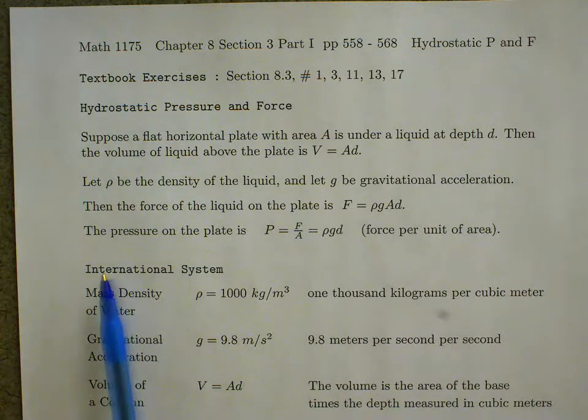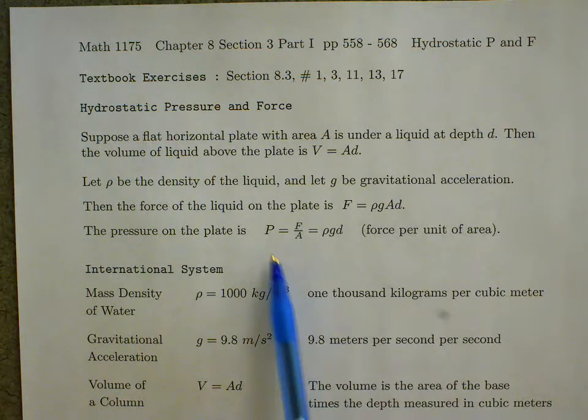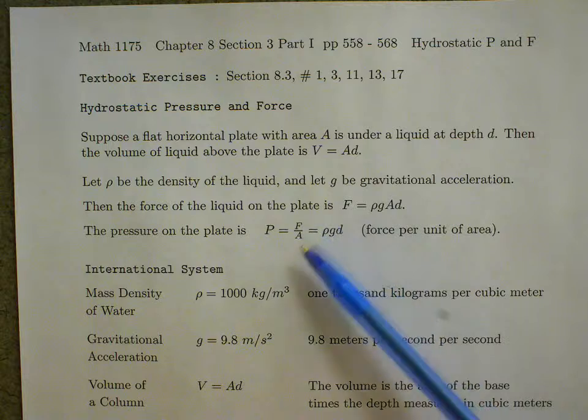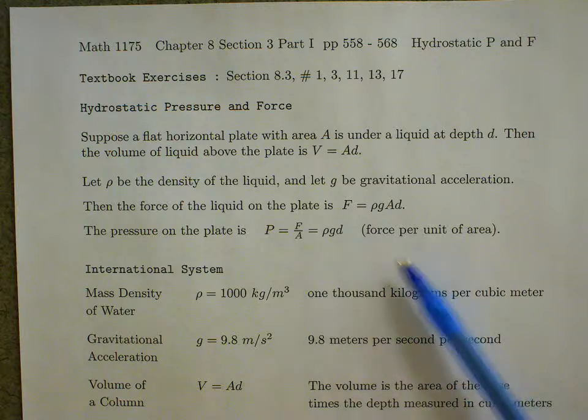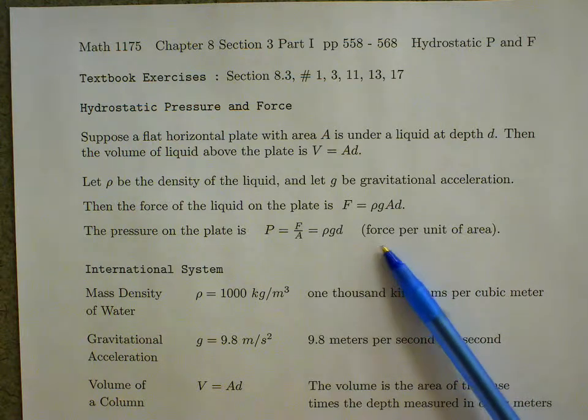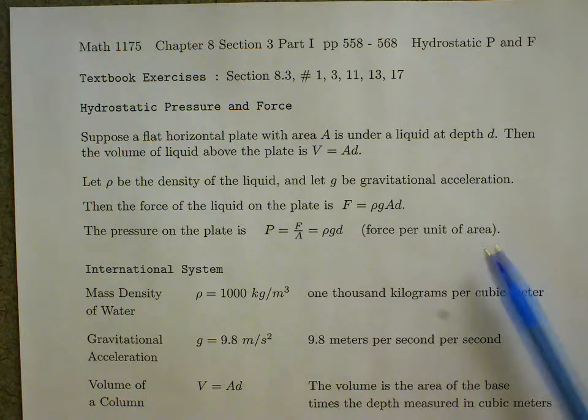And then the pressure on the plate is the force divided by the area, which is just rho times g times D. So this is force per unit area, which is how pressure is defined.